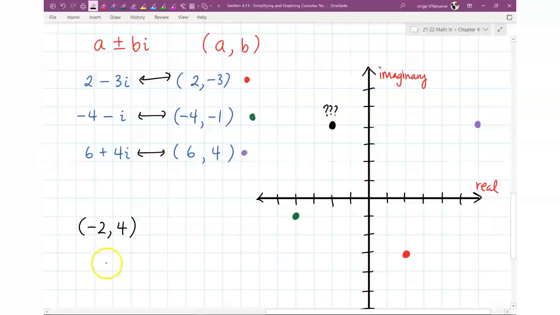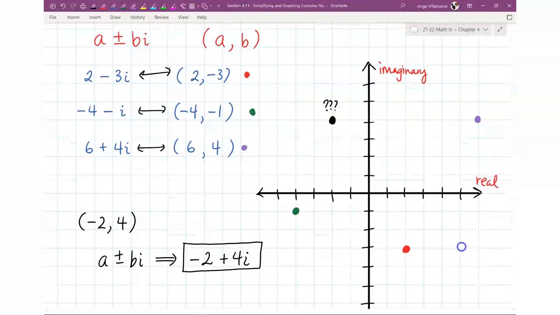So we're going to write it like this, okay? a plus or minus bi. So according to that, I'm going to write -2 plus 4i. And that would be my answer for that point right there. That point is -2 plus 4i.